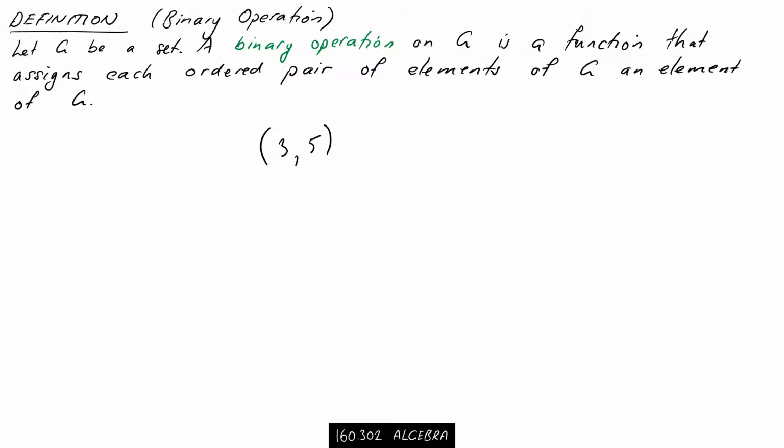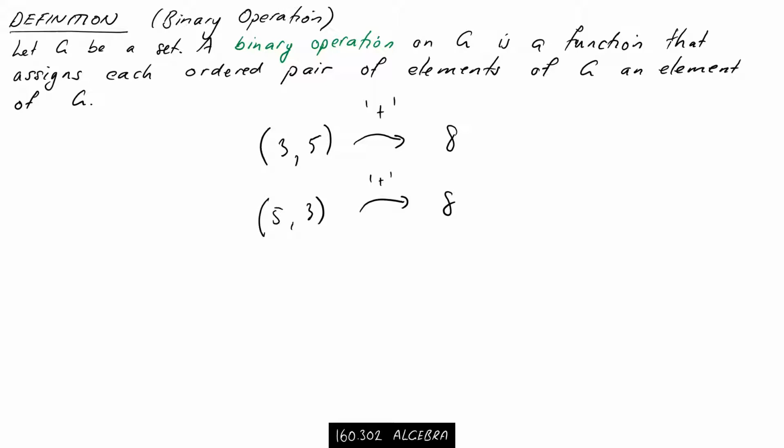Okay, so we're considering ordered pairs, or at least we're allowing ordered pairs, and it associates with each one of those an element also of G. So for our plus, it takes the ordered pair 3, 5, and it produces the element 8. It just so happens that with addition on integers, if we took the ordered pair the other way around, it also produces 8. So it's not excluding things like addition, which don't matter about order; they're a subset of this idea.